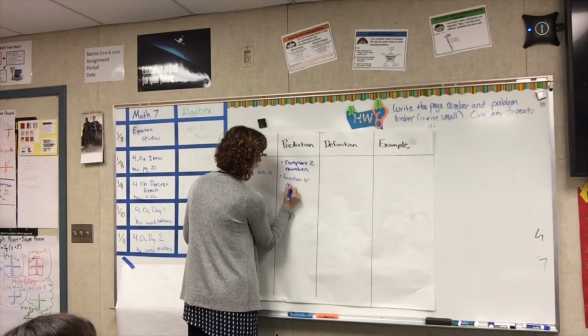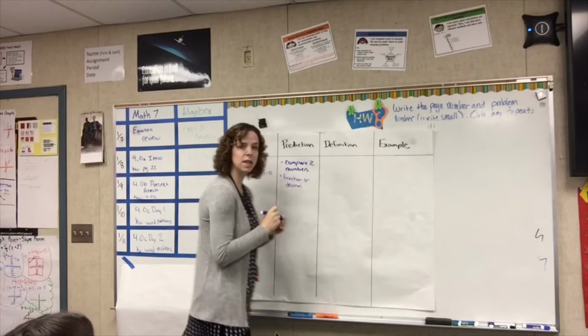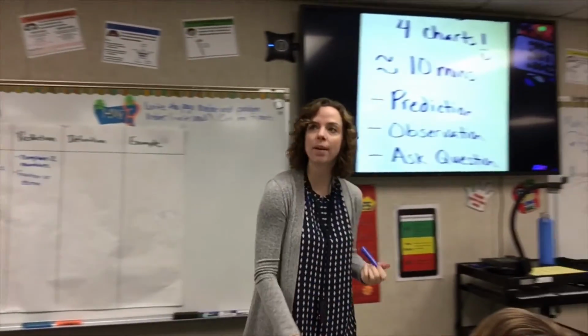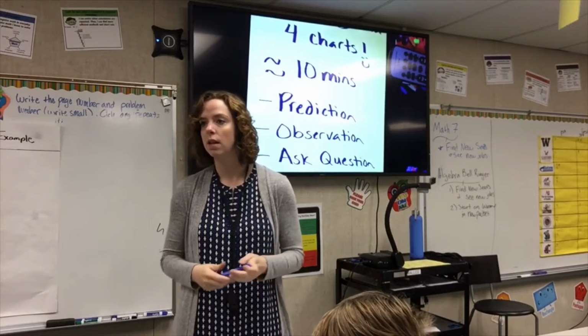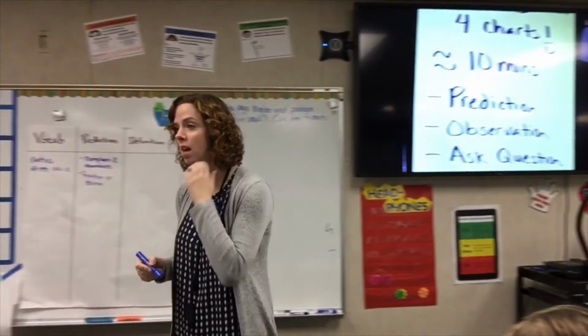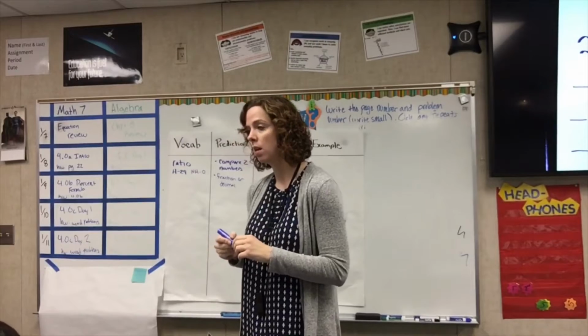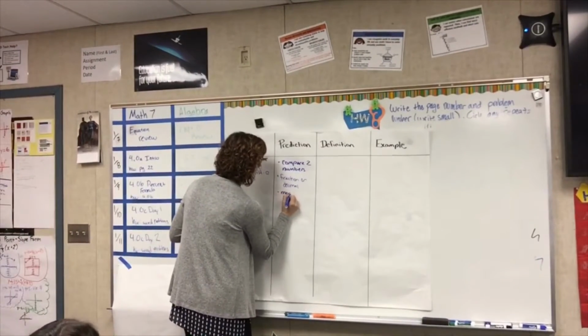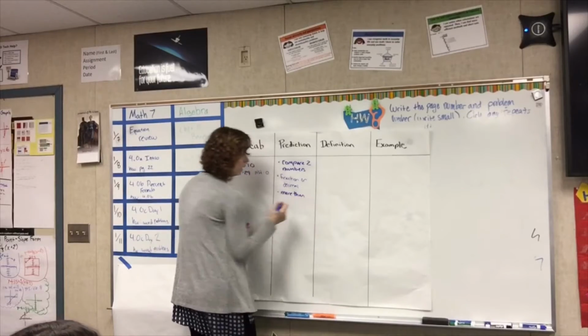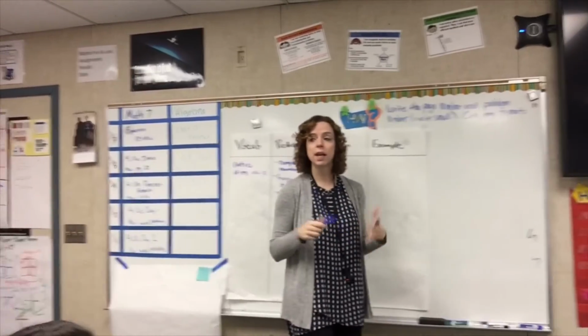Fraction or decimal? Okay, let's hear from one more group. How about base? Number 1. What did you guys say? We said something about like more than. More than? Okay.